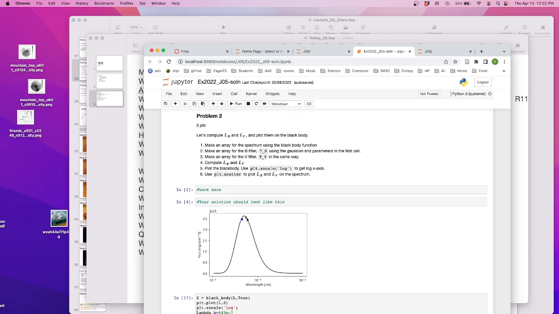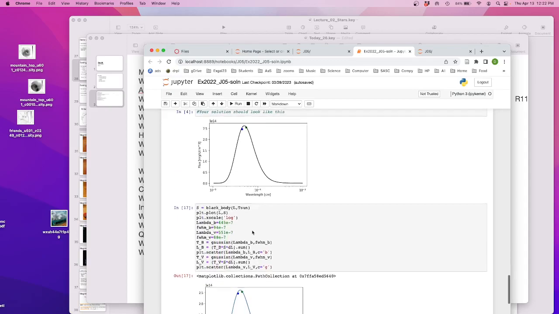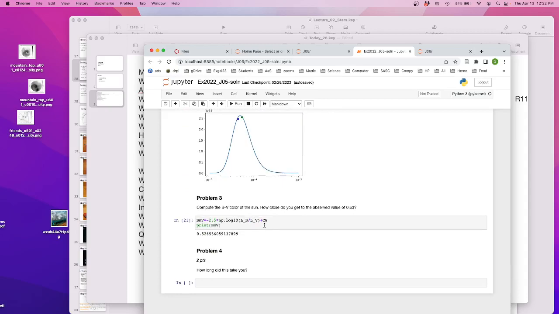So this is my V filtered spectrum, and this is my B filtered spectrum, and you can see that the filters are picking up the signal where it's supposed to be on the black body curve. And then you take the ratio and you get 0.526, which is a little bit bluer than 0.63.